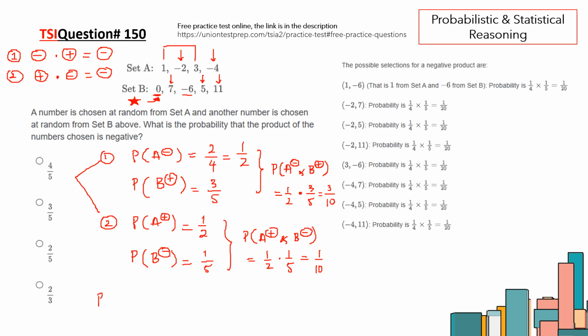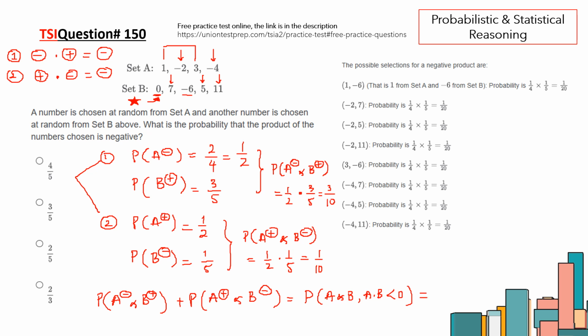The probability of taking a negative number from set A and a positive number from set B, we add the probability of the event of choosing a positive number from set A and a negative number from set B. That is equal to the probability of choosing 2 random numbers from set A and set B, but their product, A times B, will be less than 0, meaning it's negative.